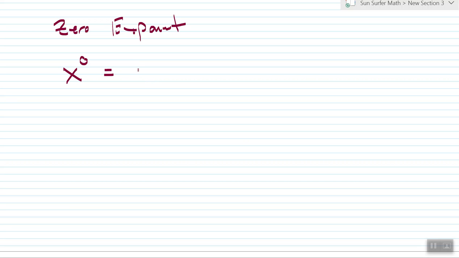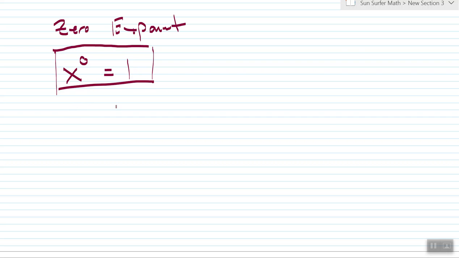Well, anything raised to the 0 power is equal to 1. And that is pretty much it for the zero exponent rule. Anytime you have any variable and it's raised to the 0 power, it can always be set equal to 1.